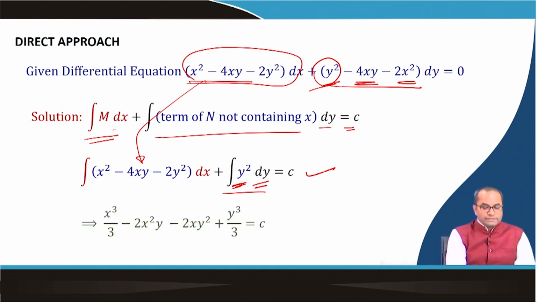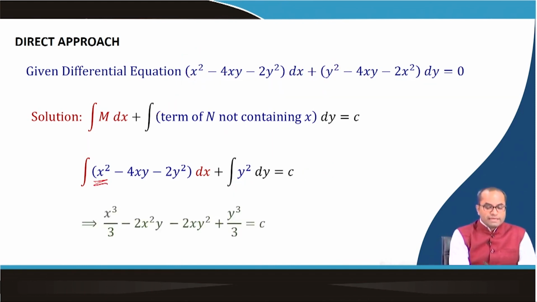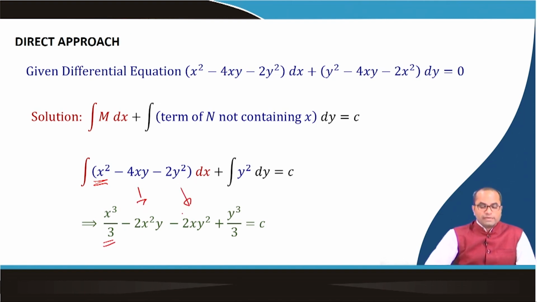Now we can integrate this. So, here we will have x^3/3, then 2x^2 y, and here we will have 2xy^2 plus y^3/3 and is equal to a constant term. So, this is the solution which we already achieved before by finding that f explicitly.